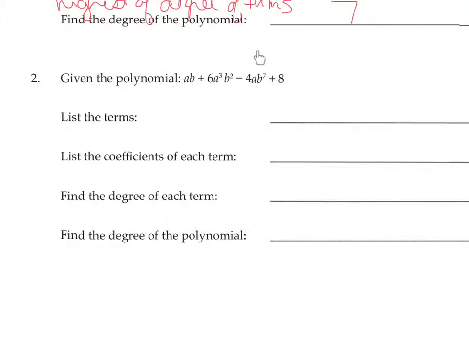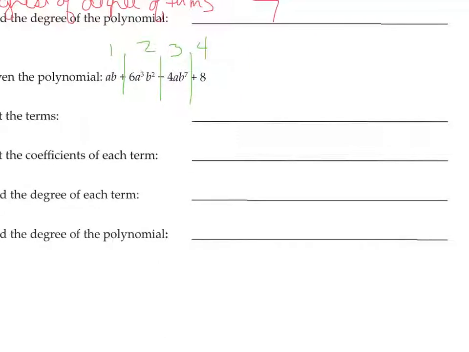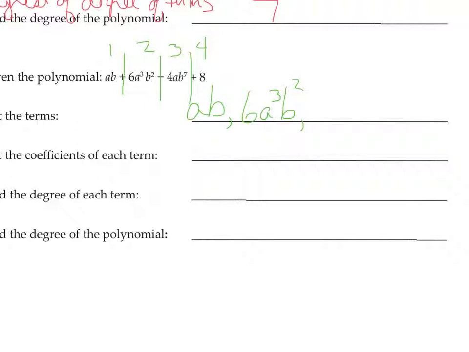Here, we're going to list the terms, and I'm going to use the vertical lines where the plus and minus are to show me there are 4 terms. Again, to list the terms, we will have ab, 6a cubed b squared, negative 4ab to the 7, and 8.